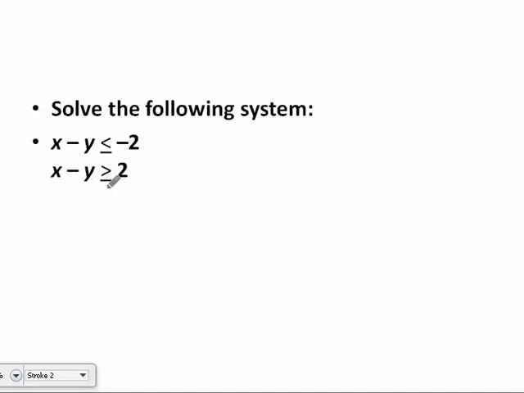Another inequality here. Let's go through and solve it. I'm going to just add the y's to both sides. And what I get is x less than or equal to negative 2 plus y, and x is greater than or equal to 2 plus y.